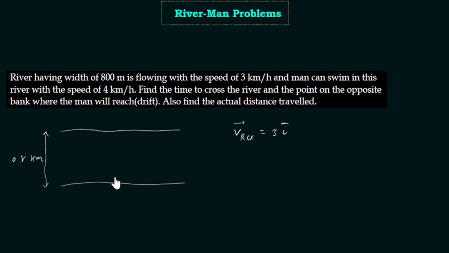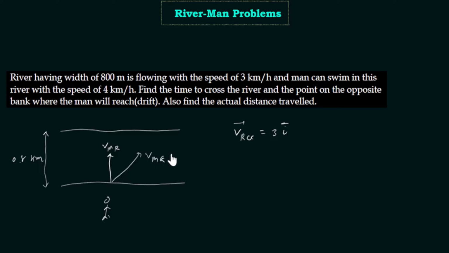The man is swimming in this particular direction with the speed of man with respect to river. But if the observer is on the ground, he will see this man going in this particular direction, which is the speed of man with respect to ground.